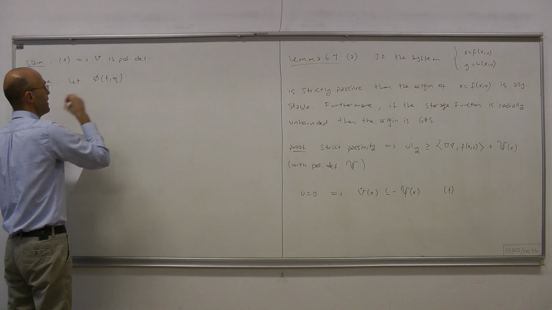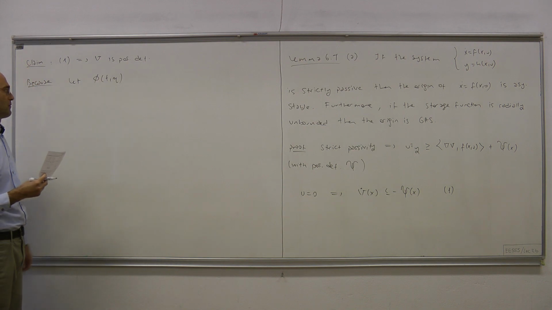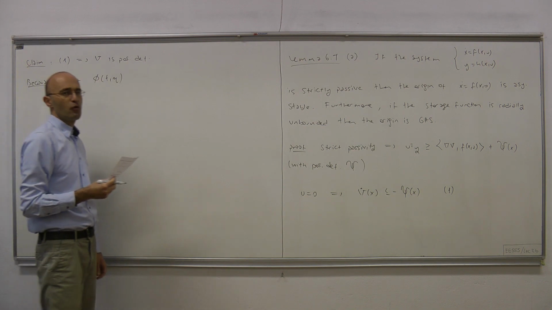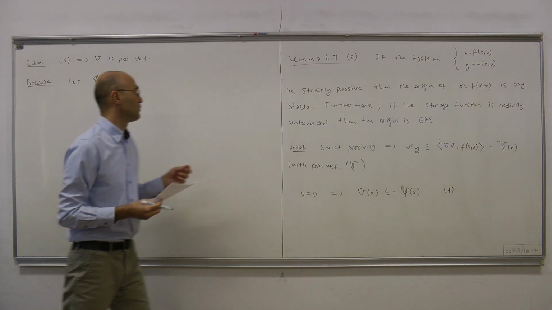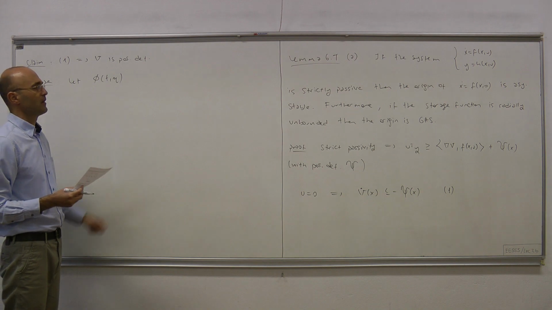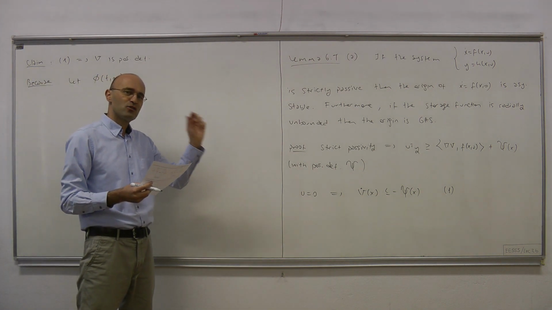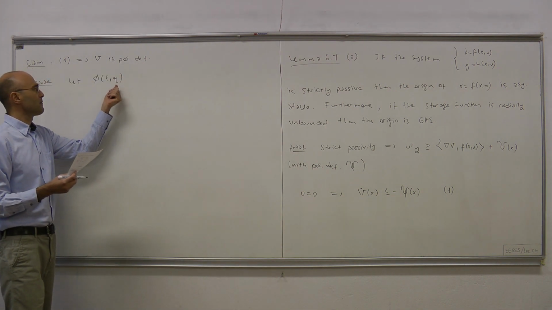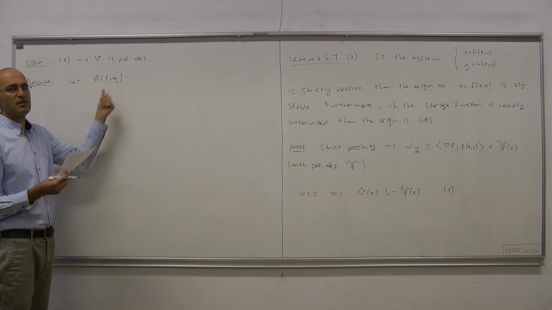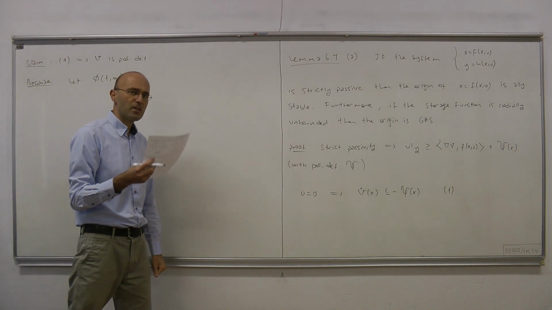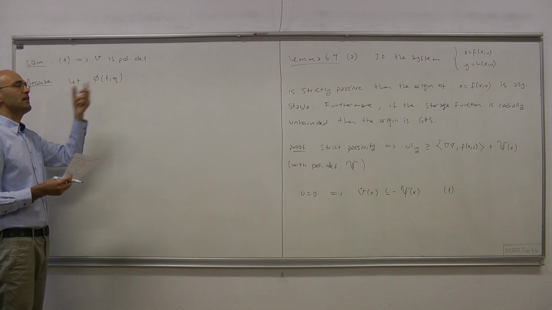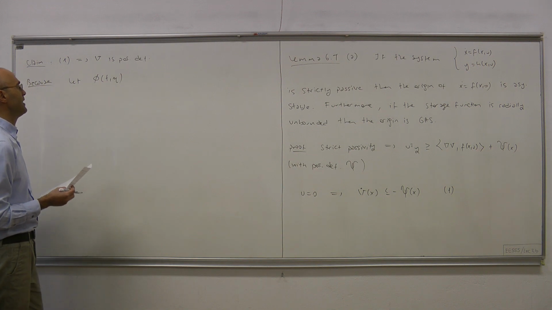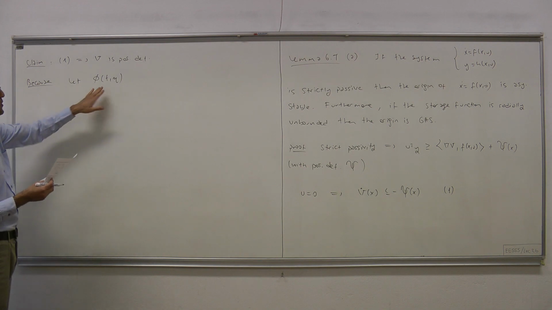Let phi(t, eta) be the solution of the unforced system x dot equals f of x, 0, starting from the initial condition eta. Well, usually we use the notation x of t, but now it's important to indicate explicitly what the initial condition is in our notation. So we switch to this a little bit more complicated notation.